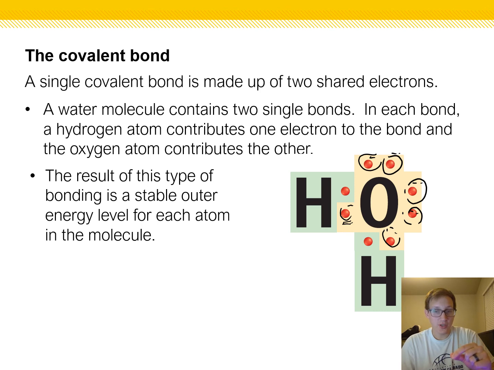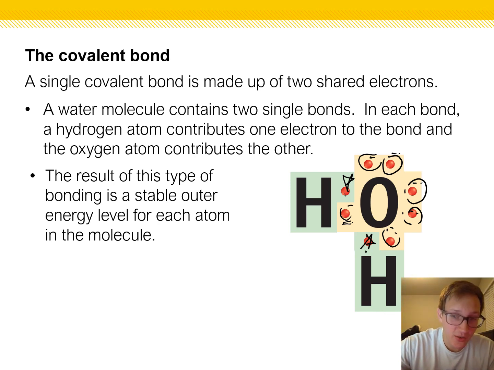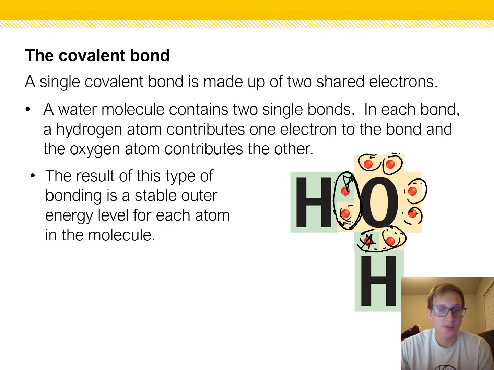Hydrogen, I'm going to star these ones, has 1. So technically it wants to get to 2. That's the duet rule. The first outer shell that it needs to fill has to have 2 before it can move on to 8. So it wants 2. So what they do is they share electrons. They form this bond where they're sharing these electrons so that both atoms are happy and stable.